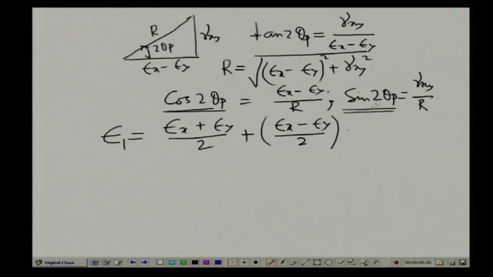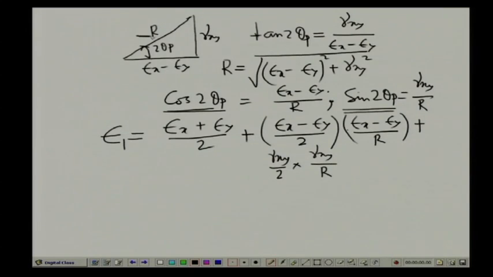In place of cos 2 theta p, we write (epsilon x minus epsilon y) by r plus gamma x y by 2, and in place of sin 2 theta p, we write gamma x y by r.